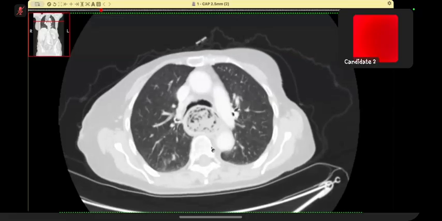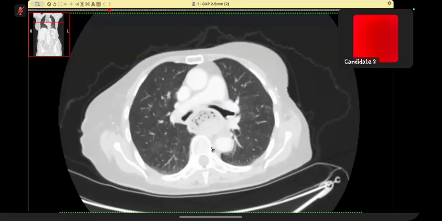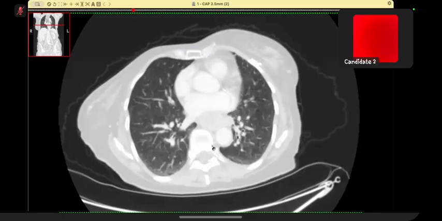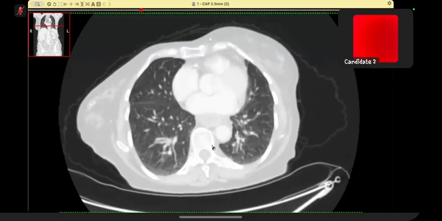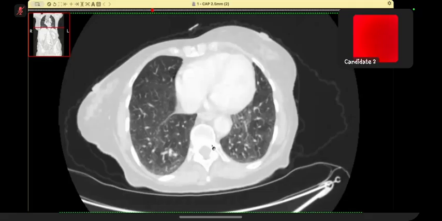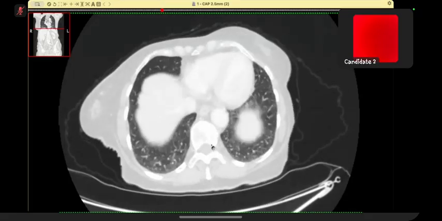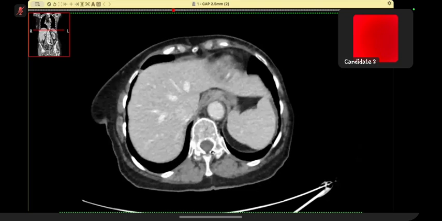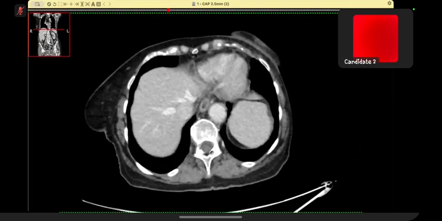Okay, so the lung fields, I'll just take a moment to scroll. I'm trying to look for any dependent opacities in the posterior aspects of the lungs to suggest any aspiration. There is a mosaic attenuation, but no obvious opacities.